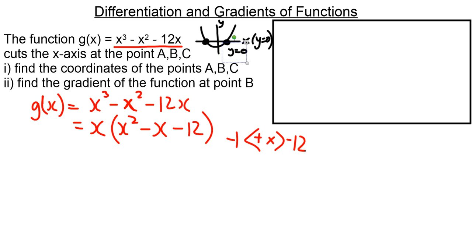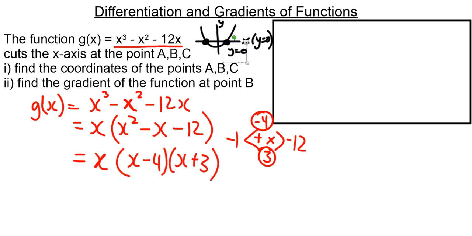So that would be minus 4 and positive 3. So these are my other two factors that I can use to factorize this quadratic. So I get equals x outside of x minus 4, x plus 3. And now I have three factors that make up my original cubic function.